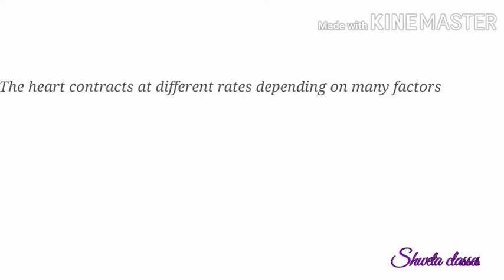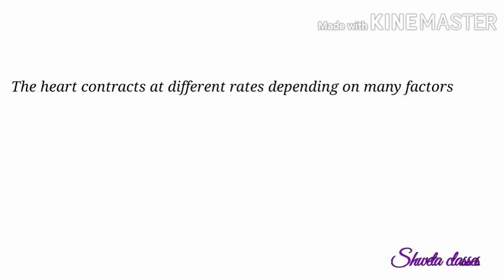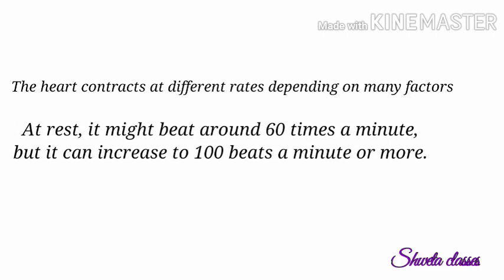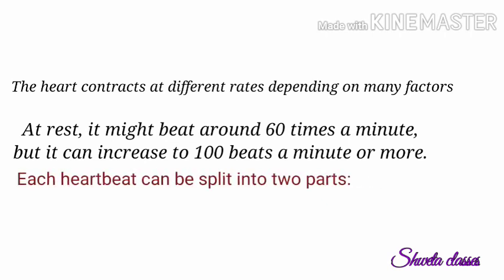The heart contracts at different rates depending on many factors. At rest, it might beat around 60 times a minute, but it can increase to 100 beats a minute or more. Each heartbeat can be split into two parts, diastole and systole.